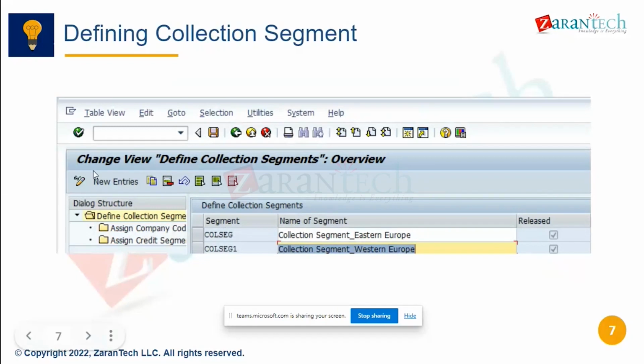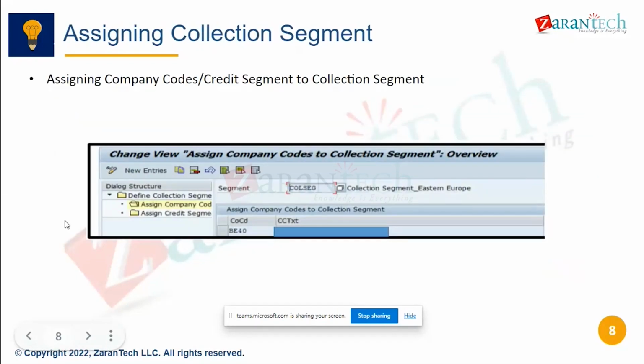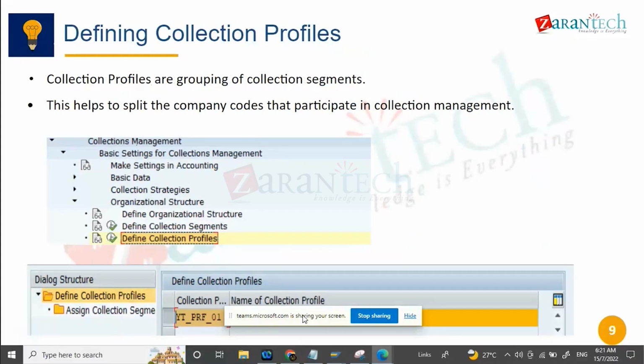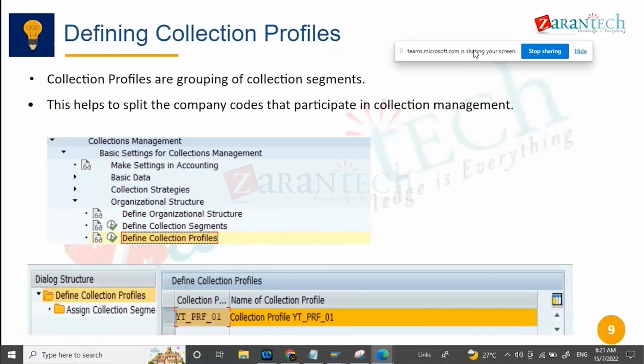We have defined our collection segments and assigned the company code which belongs to this collection segment. We have also defined our collection profile, which basically groups together the company codes participating in collection management. Once you create this collection profile, you assign it to the respective segments.